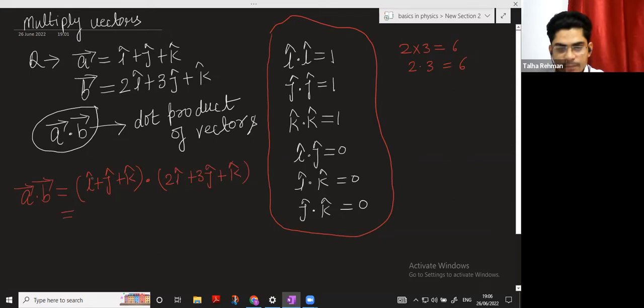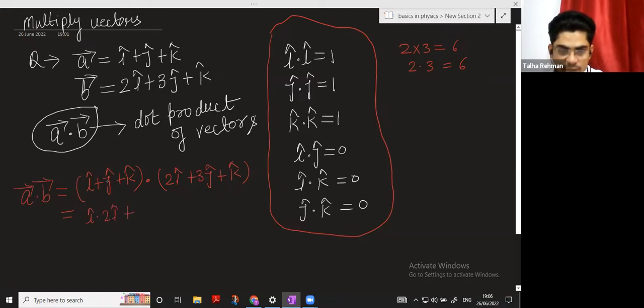Now simply multiply I with this, and this with this, and this with this. Multiply I with 2i. So it is like this: I dot 2i.